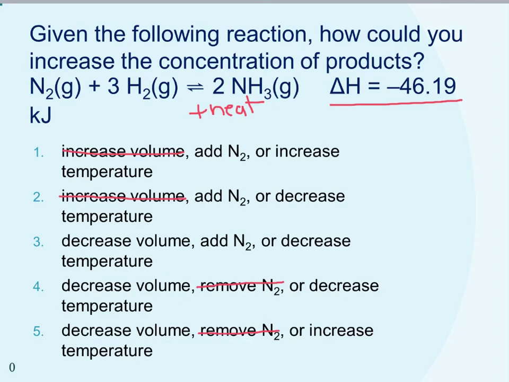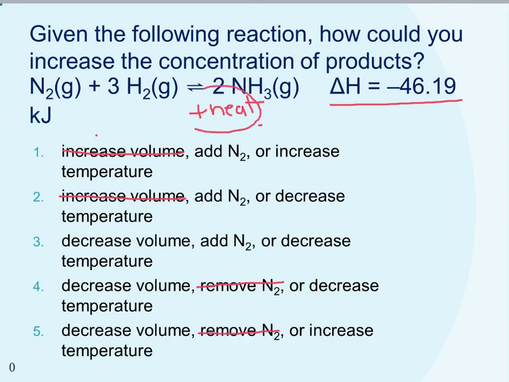So now I can see that 3 is going to be my answer, but we are going to go on and look at the decreased temperature option so that we can see why it is in fact favoring the formation of NH3. So if I have an exothermic process, heat is a product. If I add heat, I'm going to drive the reaction to the left. So if I decrease the temperature, I'm actually going to remove heat.